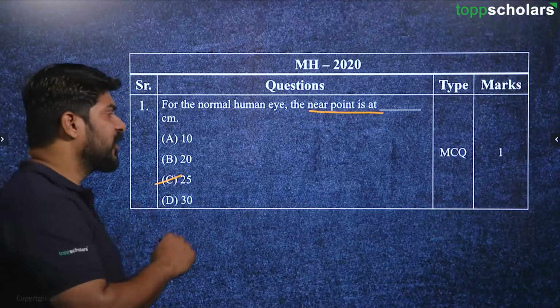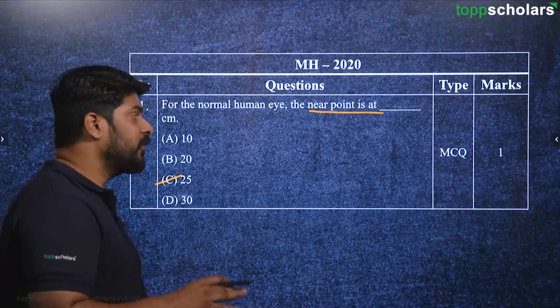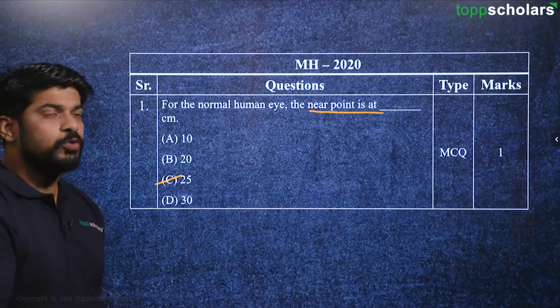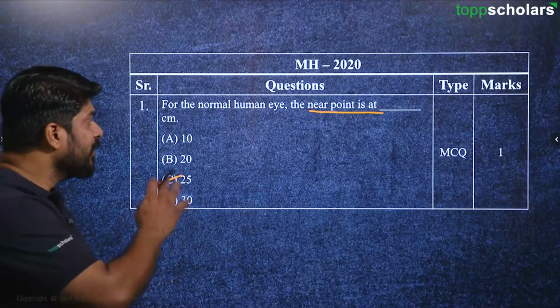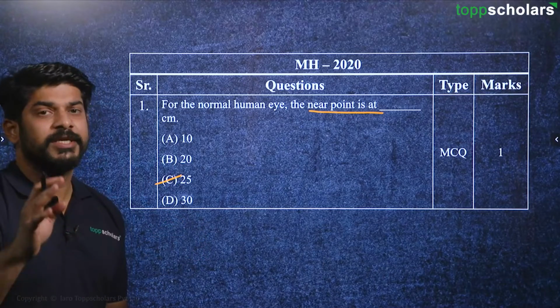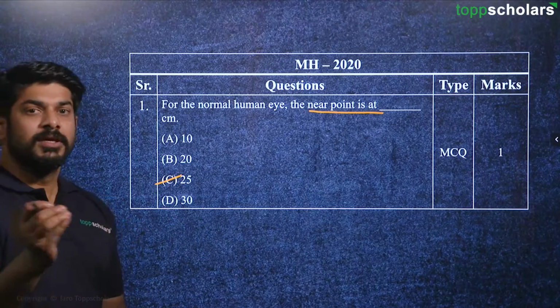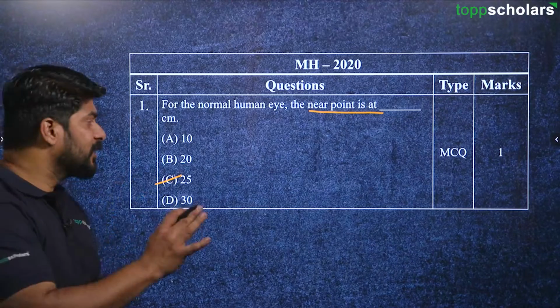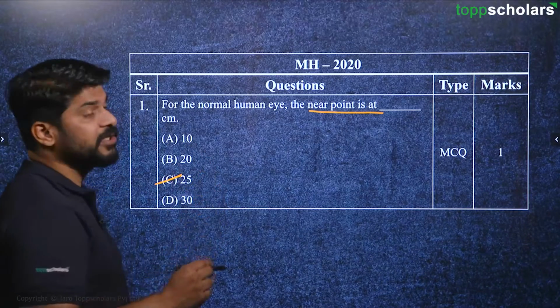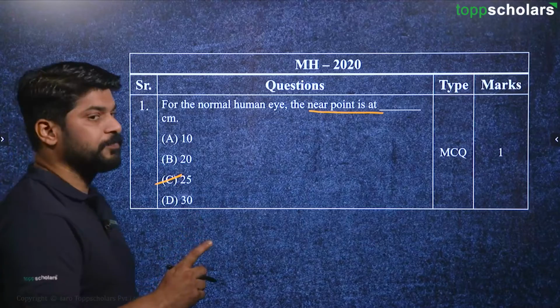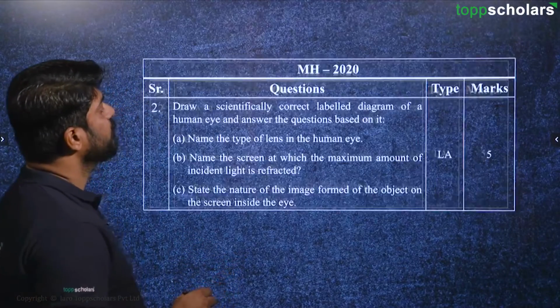This is the standard number used everywhere, right? Because most of the people will have their near point at 25 centimeters. Yes, more or less, a little bit more or less, but on an average the number is 25 centimeters. Okay, moving on to the next question.